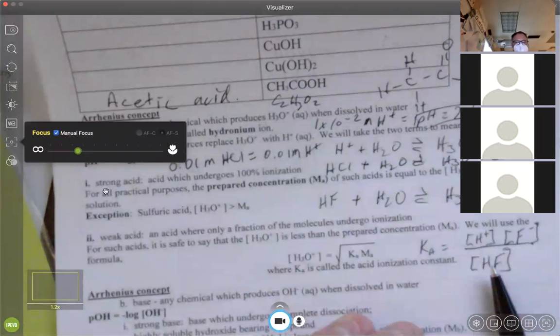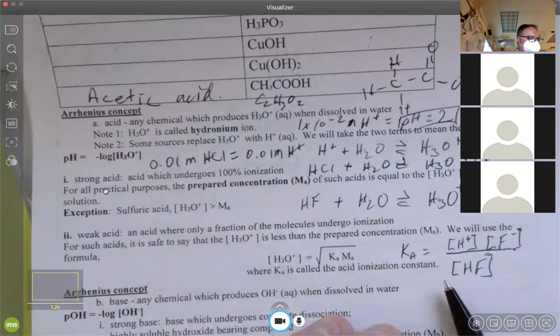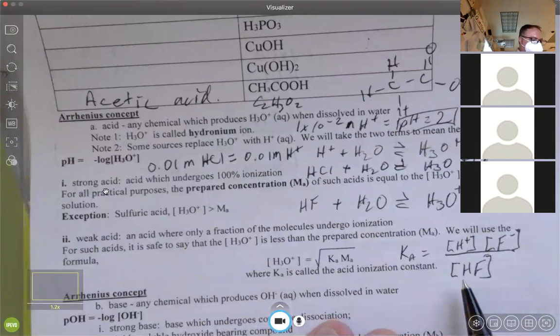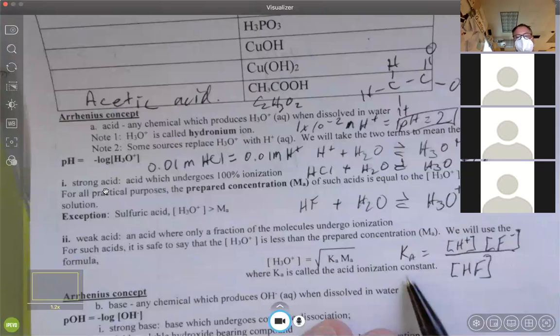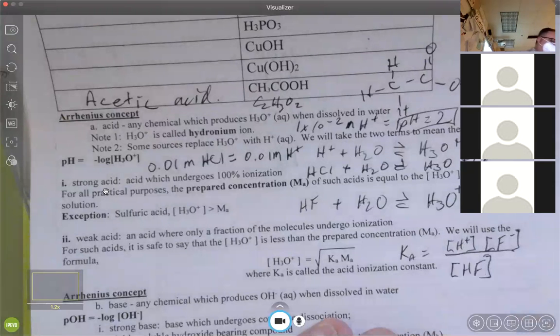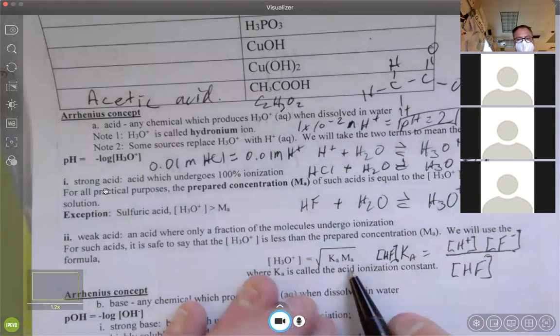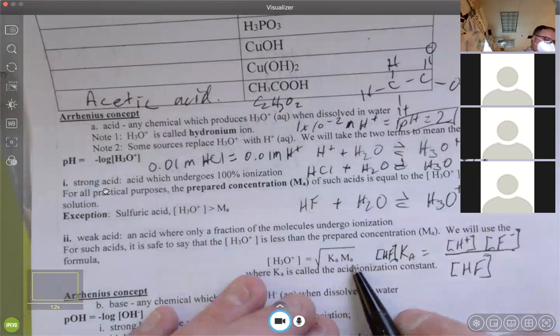That's better. So if we take a look, let's rearrange this equation and solve for H plus. What are we going to do to both sides first? Multiply by the concentration of HF, which is the molarity of the acid, right?